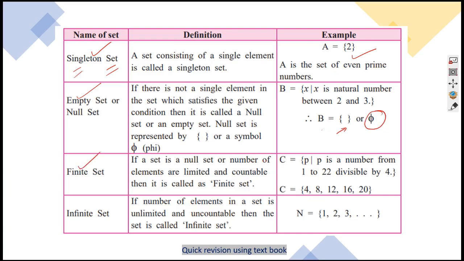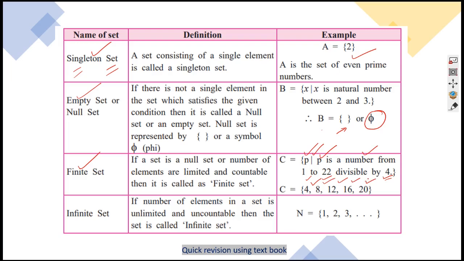Finite set is that set which contains a specific number of elements. For example, P is such that P is a number from 1 to 22 divisible by 4. Numbers divisible by 4 as well as below 22 are 4, 8, 12, 16, 20.